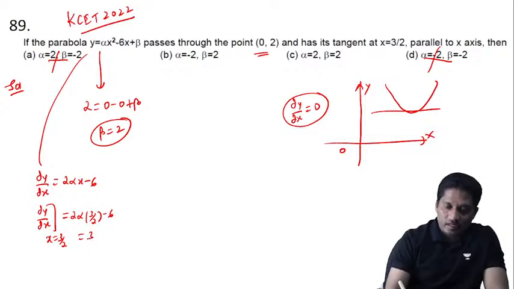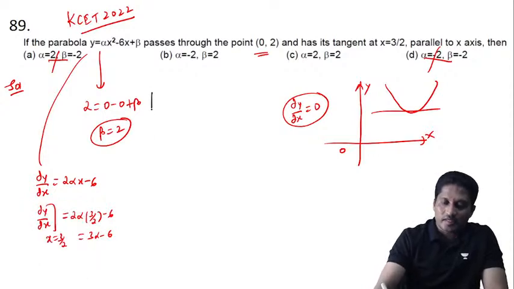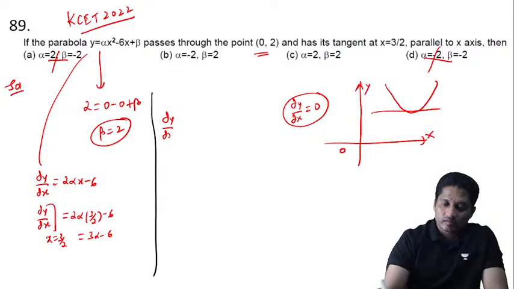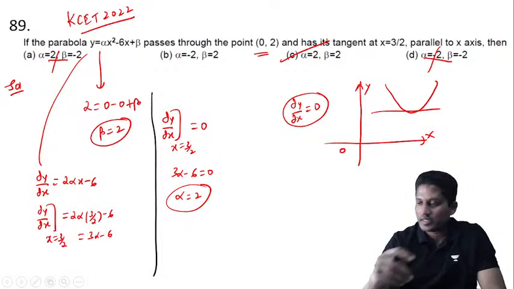So this is 3 alpha minus 6. Since the tangent is parallel to x-axis, dy by dx should be 0. Now this becomes 3 alpha minus 6 is equal to 0, alpha is equal to 2. Alpha is 2, beta is 2. Answer is option C.